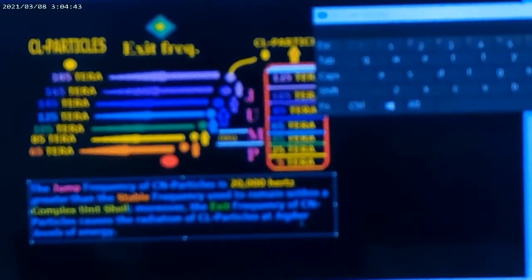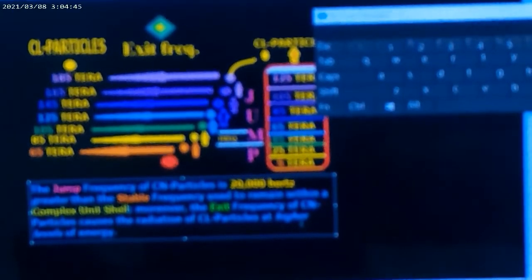We got here. The jump frequency of CN particles is 20,000 hertz greater than the stable frequency used to remain within a complex unit shell. Okay. Moreover, the exit frequency of CN particles causes the radiation of CL particles at higher levels of energy. Alright.